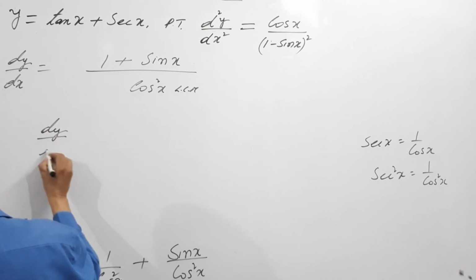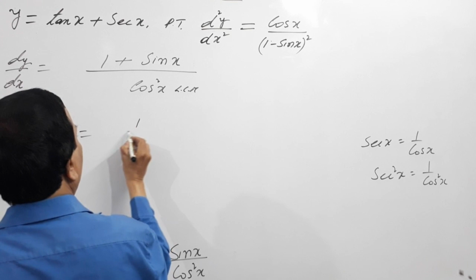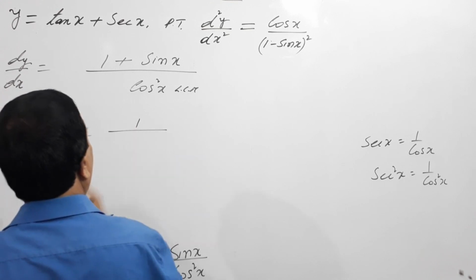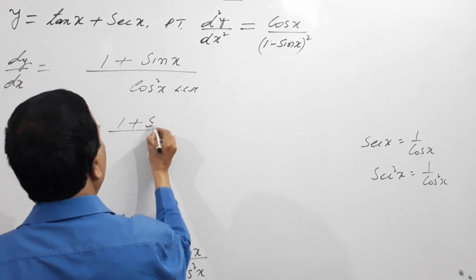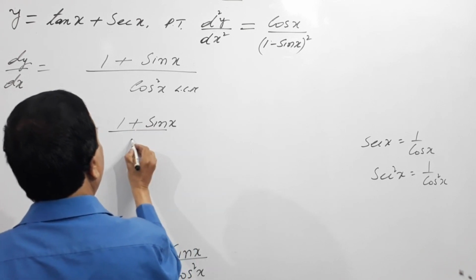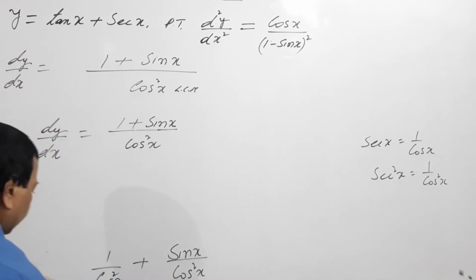That is nothing but dy by dx equals 1 plus sin x by cos square x.